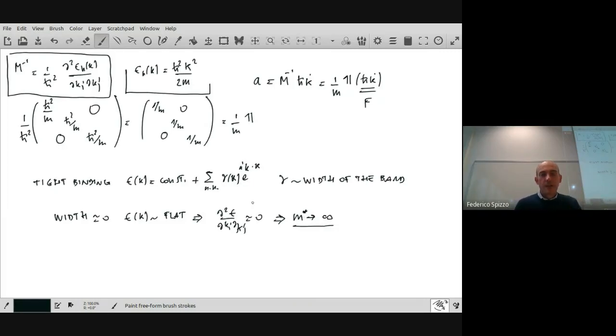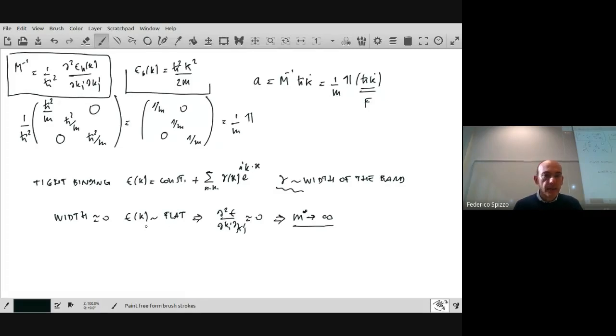So this is just another way to present the same situation. When using the tight binding approach, the capability of the electron to move within the system was described by gamma. So as I said before, the larger the value of gamma, the larger the capability to move for the electron. In this new approach, you use the effective mass as a parameter to distinguish when the electron is able to move freely or not within the system.